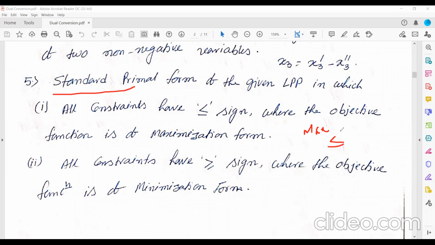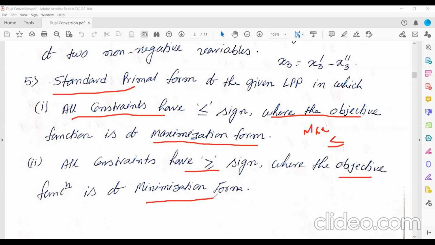And if it is not less than or equal to, then you need to convert it into less than or equal to. Similarly, all constraints have greater than or equal to sign where the objective function is in minimization form. So all these steps you need to know.